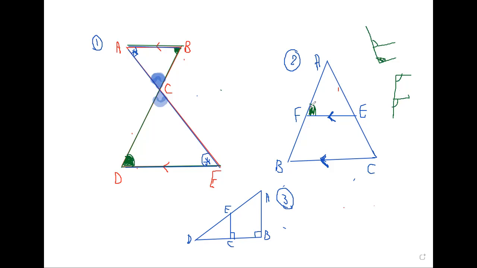Then angle AFE will be equal with angle ABC. What else? E and C. Yes, but we can't say E because it's AEF. You want to deal with the other pair of corresponding angles, right? Those two. Did you see? Yes. So we have two corresponding angles.